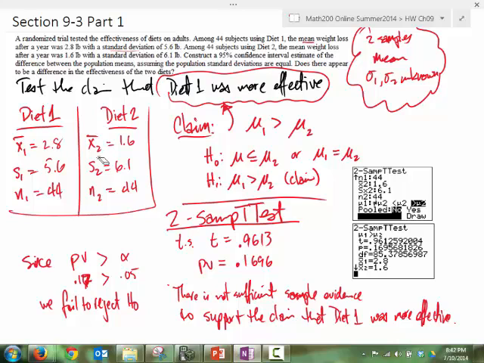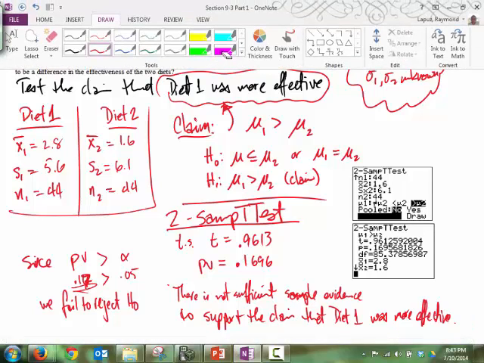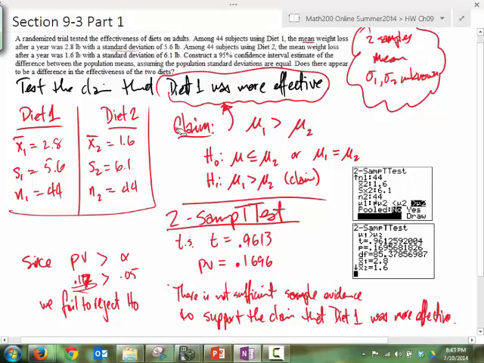This could have happened by chance, and so there's nothing going on there. And so our probability value of 17%, 0.17, didn't give us enough evidence to say that that was a significant difference. That was significantly greater. And in fact, it wasn't, because that's what our test came up with.